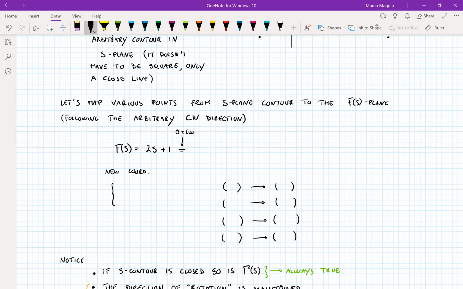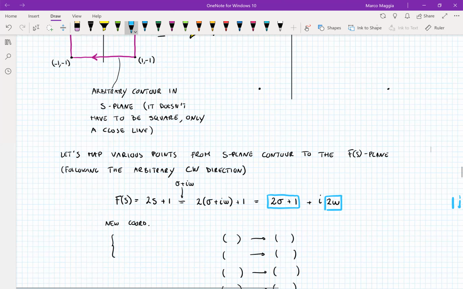So let's just substitute that. So we have 2 multiplied by sigma plus I omega, plus 1. And so now we have 2 sigma plus 1 plus I times 2 omega. So our new real part is 2 sigma plus 1, and the new imaginary part is 2 omega.